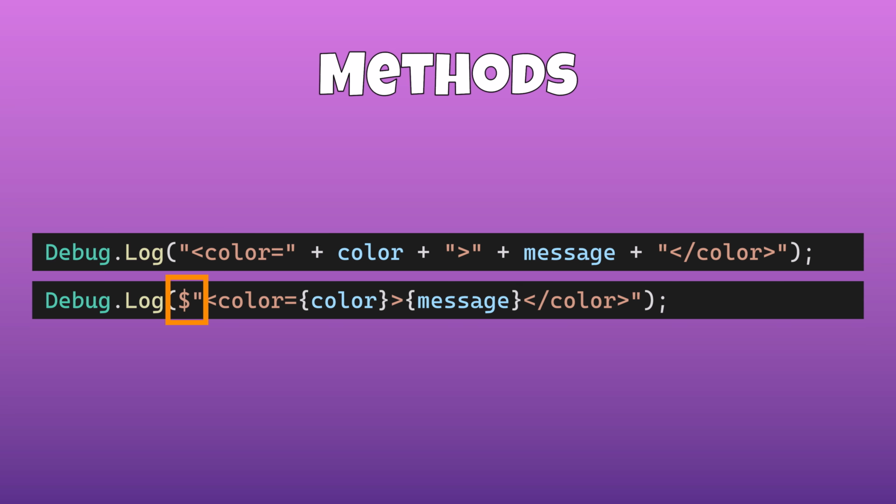To do this, we add a $ sign in front of the string, and inside the string, we can add expressions between curly braces, like our Debug.Log line here, with the rich text color tag around the message. Here, we have used our variables color and message, and we've put curly braces around them to show that this was a string interpolation. I find it makes the code more readable, but that may be a matter of personal preference. Choose the method you are most comfortable with.